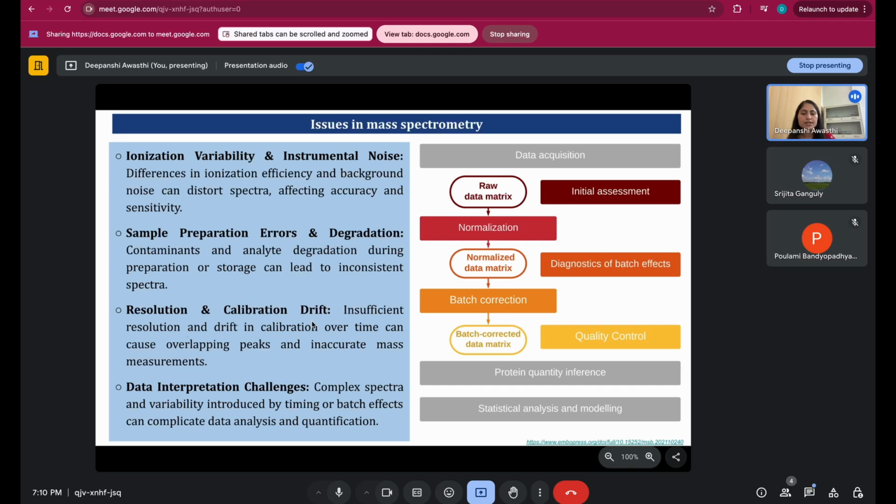Then comes resolution and calibration drift. If there is insufficient resolution, that means the width of the peak is large, or we are not able to distinguish multiple or complex peaks present in the spectra, that is also something we should avoid. Whenever we are performing liquid chromatography or using multiple mass spectra, we should be careful and try to improve the resolution.